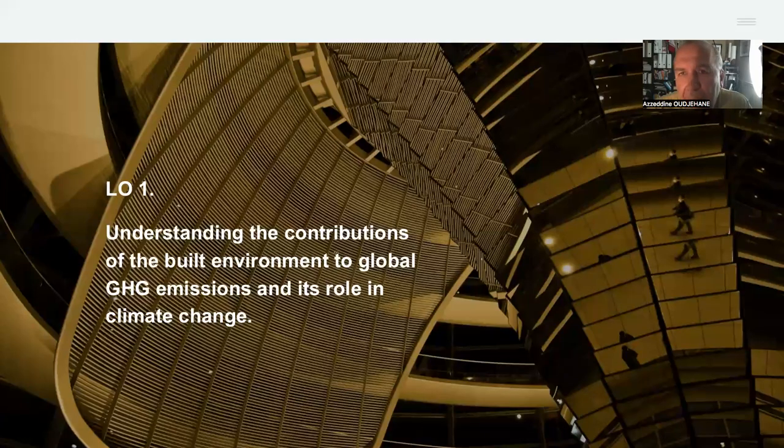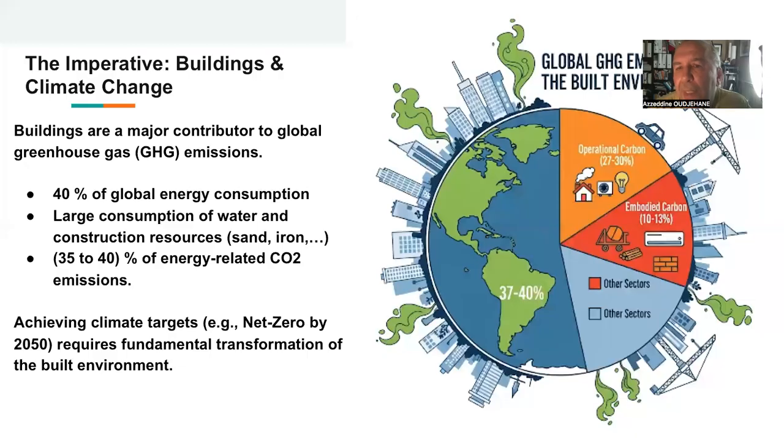In terms of learning outcome, like I said, 4 points. The first one is understanding the impact that the built environment has on global greenhouse gas emissions. Overall, it's about 38 to 40% depending on the location, and that's a contribution or emission resulting from the building in general, operation, construction, and so on.